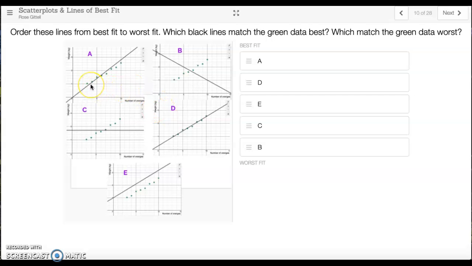You can see for both of them, they're pretty close to touching all of the green scatter points. It looks like D might be a little bit better because you see how D is actually touching all of the points, and then for A there's a few points that are farther away from the line, so they don't quite match the black line. So I'm going to say D is the best and A is the second best.